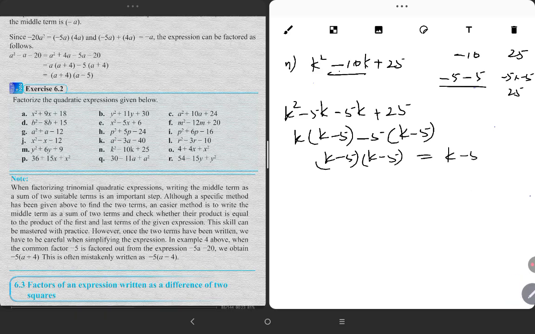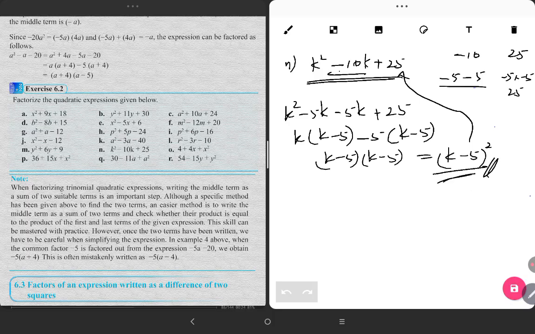Later we will write this as k minus 5 squared. And we will also see when something like this is given, how to recognize it right away. That also we will have to master and get to know, right?